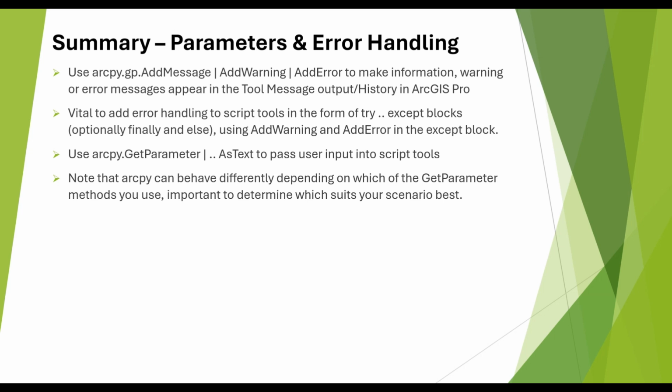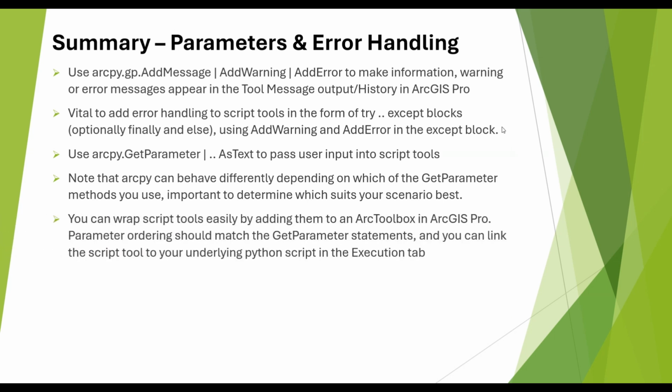For simplicity, you could use get parameter as text and just use feature class types rather than layer and feature class. And as I've mentioned, that selection honoring flag, you need to be aware of that behavior and how that will affect layer objects you pass into your script.